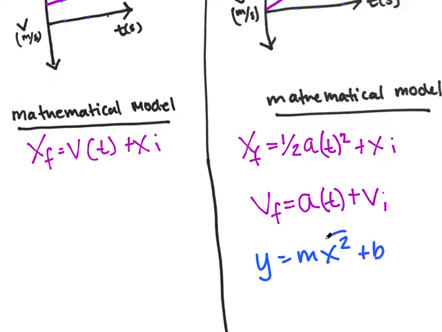This squared part is different than y equals mx plus b. This one we can use on a linear graph. This one we use on a curved graph. And as you can see, our x variable was time, so we squared our time.